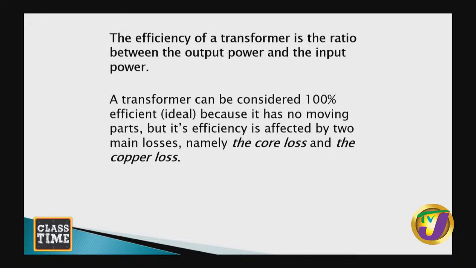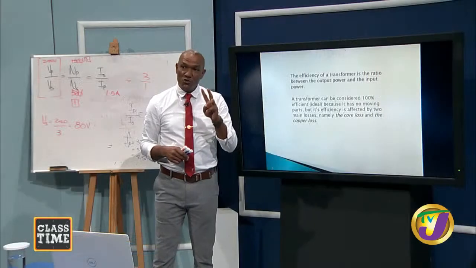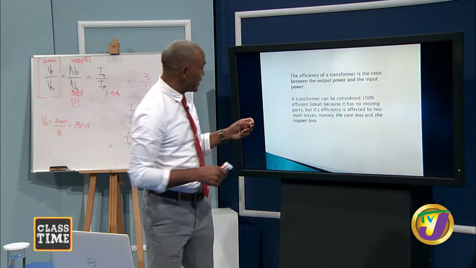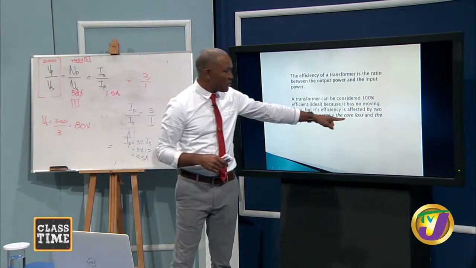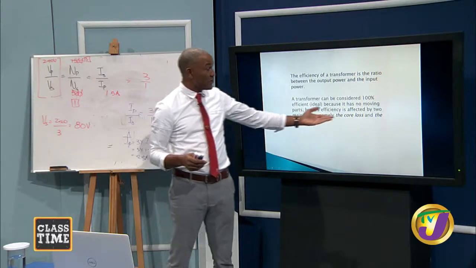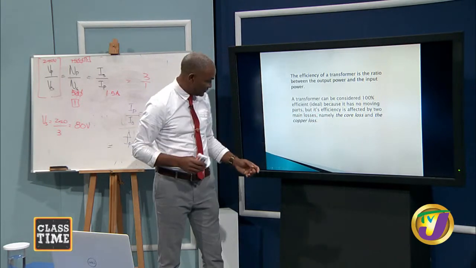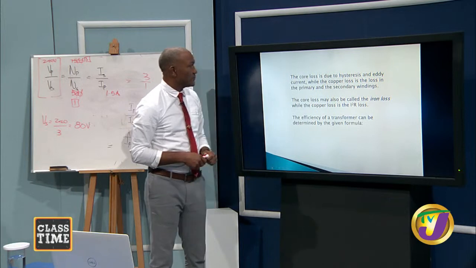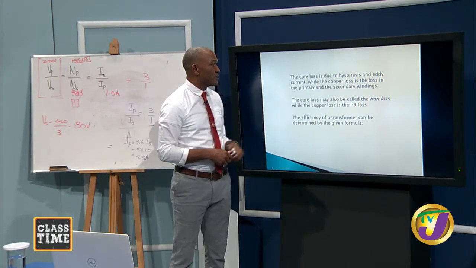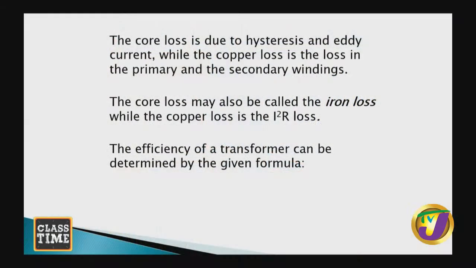Its efficiency is affected by two main losses. And I did say them before. What are they? They are called core loss and copper loss. And if students write copper loss first and core loss after, no problem. The core loss is due to the hysteresis and the eddy current, while the copper loss is the loss due to the primary and secondary windings.